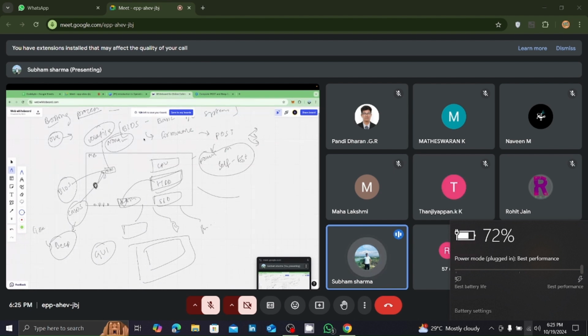Now, how does that happen? That happens using the BIOS chip. BIOS chip is also responsible to maintain the local clock. The local clock of the system or of the motherboard is maintained by the CMOS battery. So not BIOS chip, sorry, CMOS battery. This CMOS battery is responsible for maintaining the local clock.